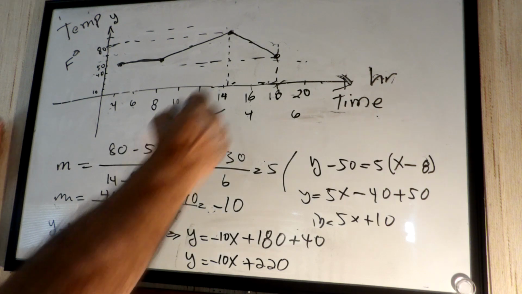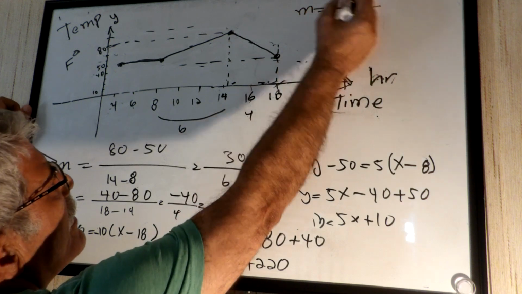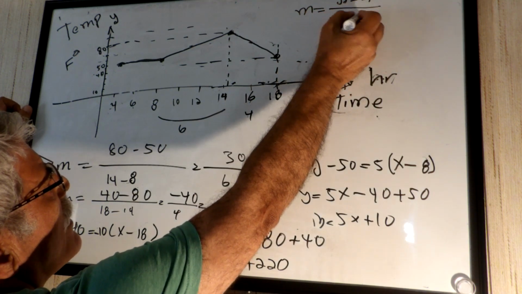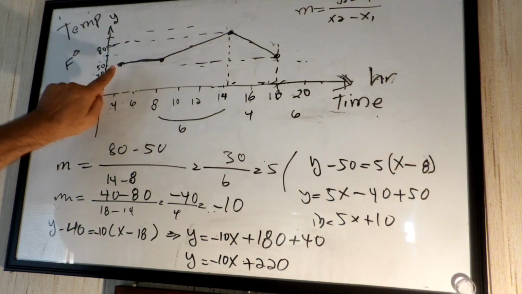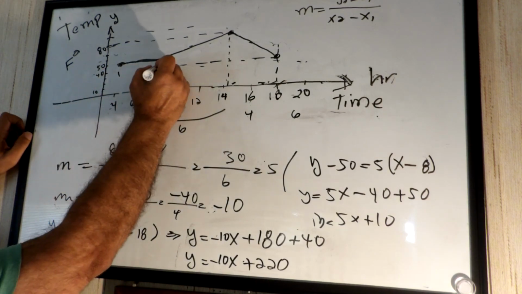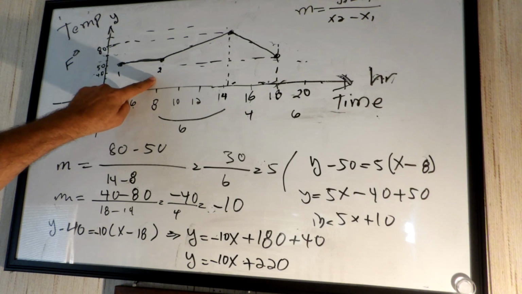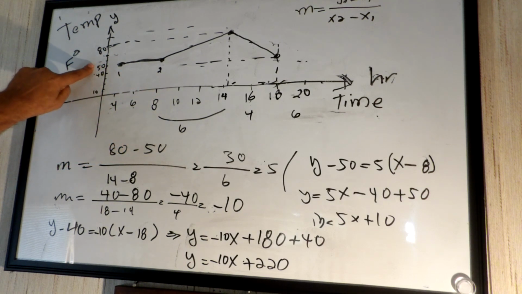What is the equation of this? The slope is (y2 minus y1) over (x2 minus x1). That means there are 2 points, like this is point 1 and this is point 2. At point 2 we have x2, y2: x is 8, y is 50.